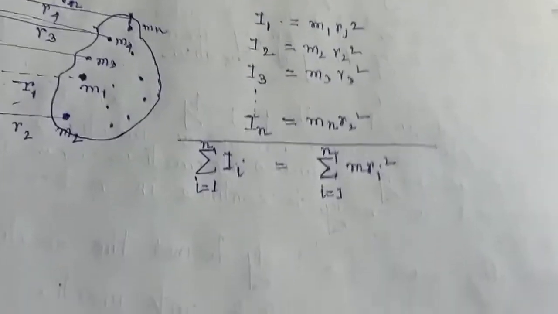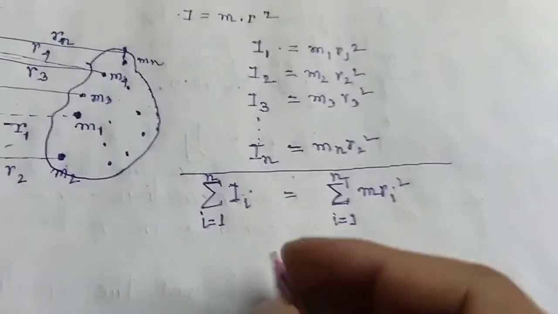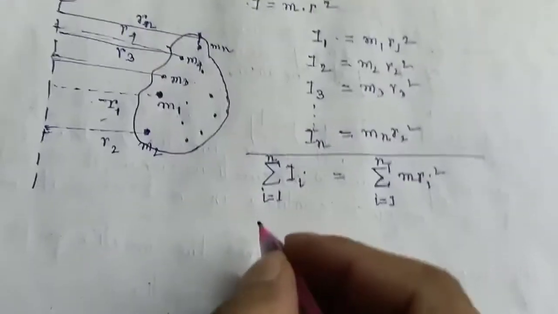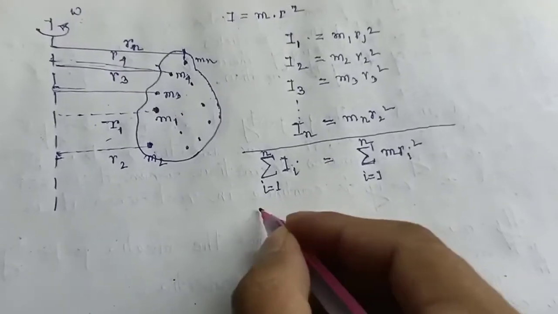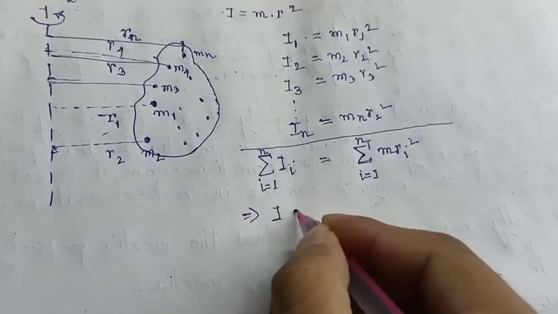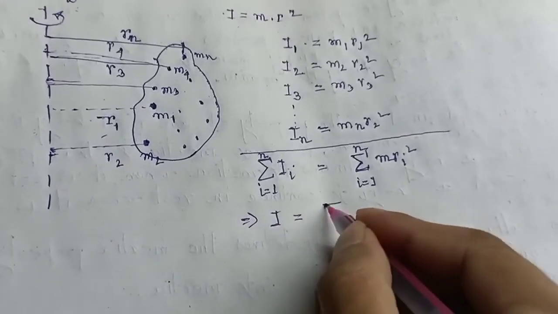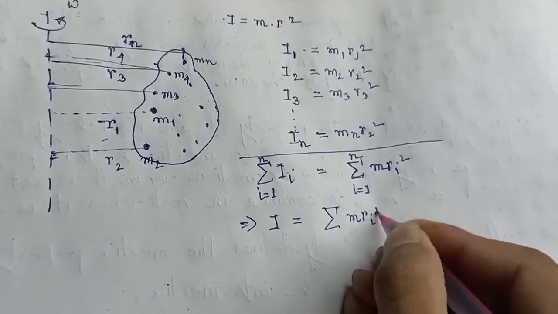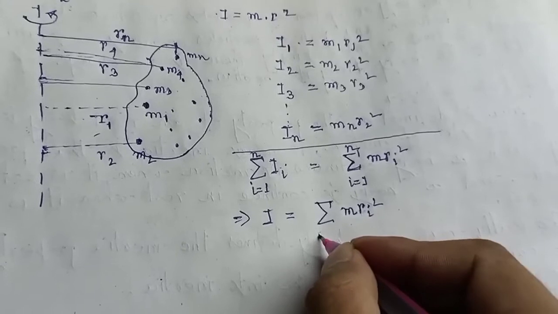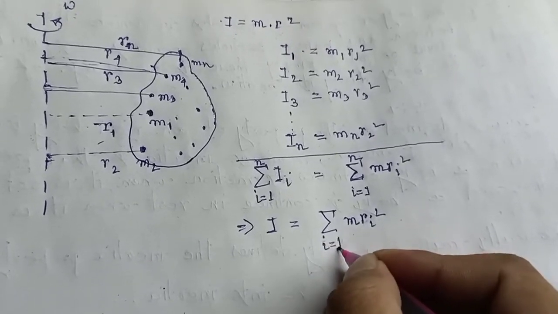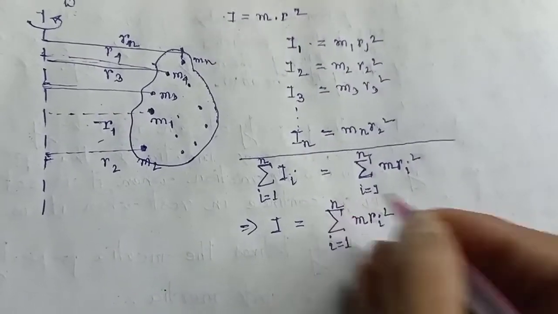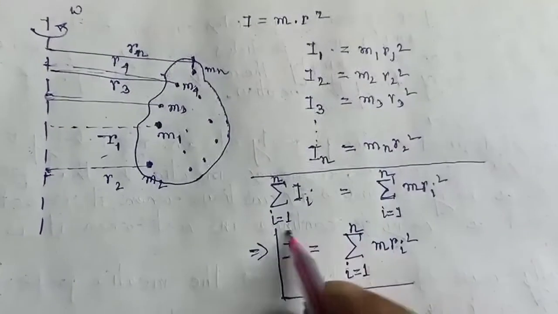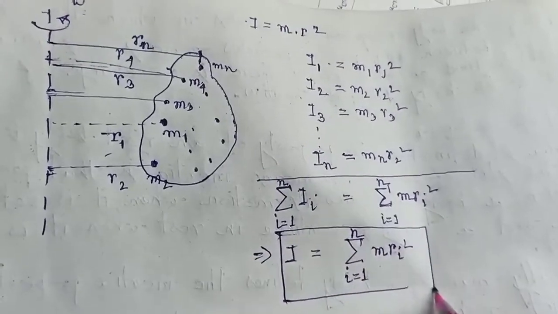The summation of all small inertias becomes the total moment of inertia of the object. So the total moment of inertia will become I equal to the summation of m ri square from i equal to 1 to n. So this is the basic equation of moment of inertia for a system of particles.